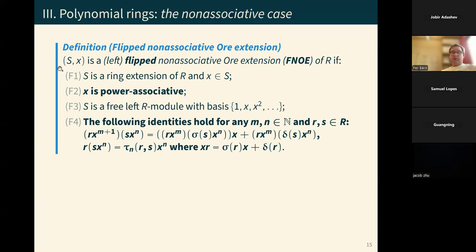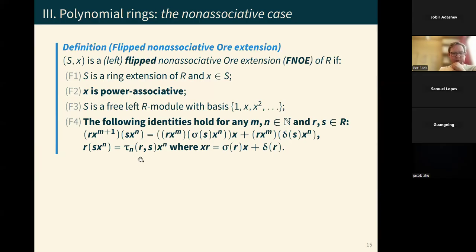This means that you can define powers of x non-ambiguously. And instead of the ordinary commutativity relation here, you have three rules. The first rule tells you how you can move an x outside an expression like this, and you can do that at the expense of a sigma and a delta.